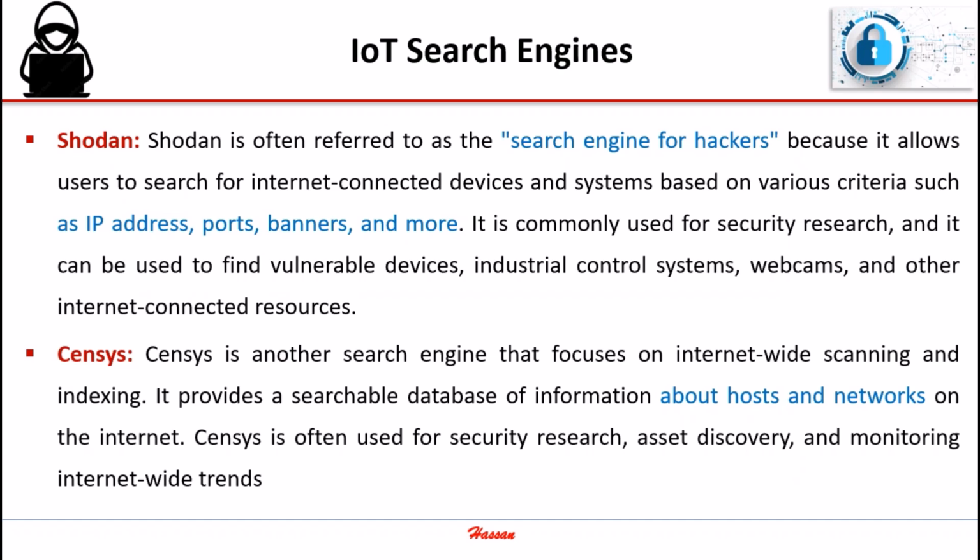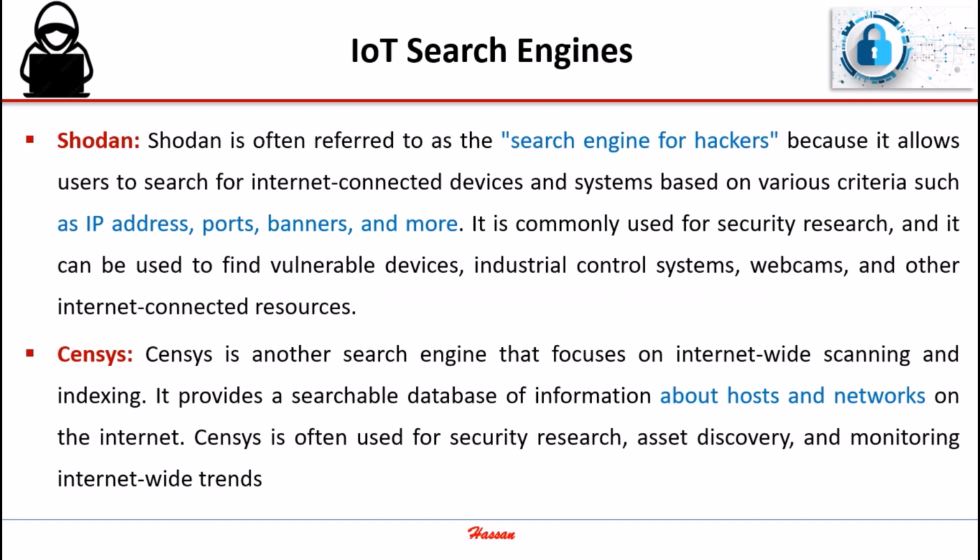Censys is another search engine that focuses on internet-wide scanning and indexing. It provides a searchable database of information about hosts and networks on the internet. Censys is often used for security research, asset discovery, and monitoring internet-wide trends. We will be looking at Shodan and see how to do reconnaissance on IoT devices.